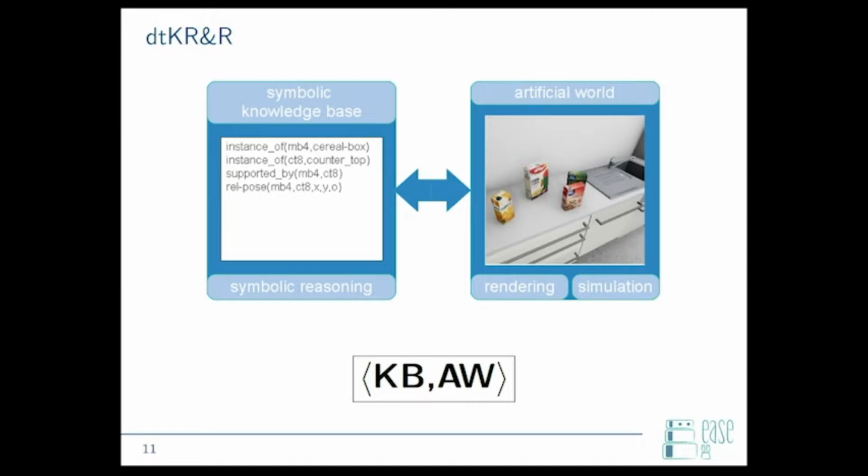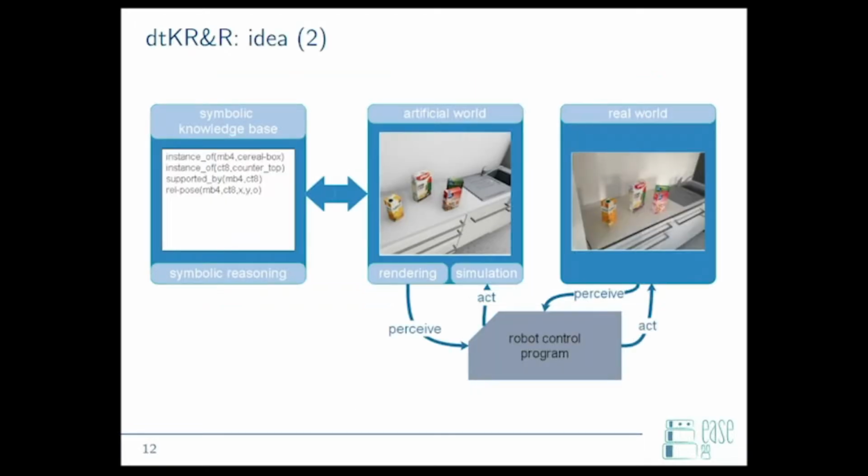And if both representations are so strongly coupled, that allows the robot to work with representations of its environment that are symbolically accessible, but have all the information that is needed for generating motions and for interpreting images of its environment.